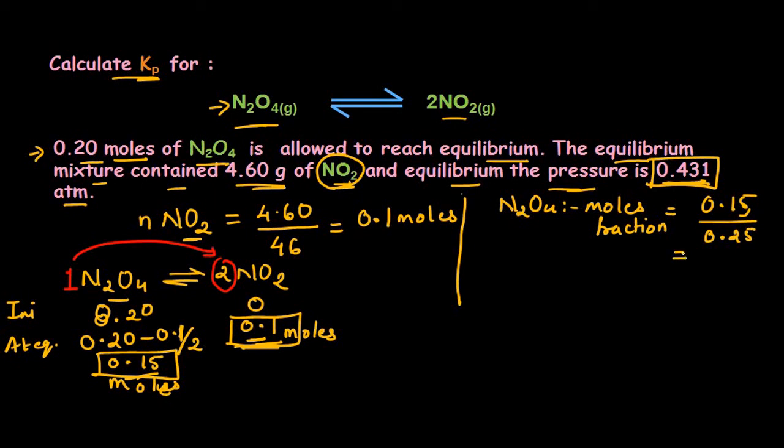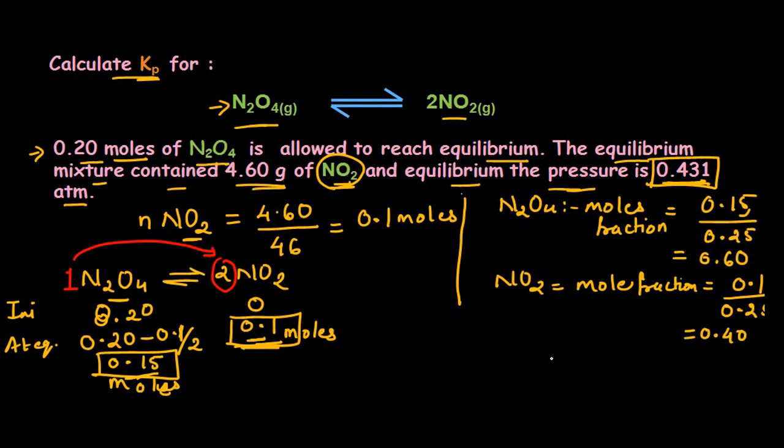This gives us the value 0.60. And for nitrogen dioxide, the mole fraction is the moles of NO2, that is 0.1, divided by the total moles, that is 0.25. This gives us the value of 0.40.